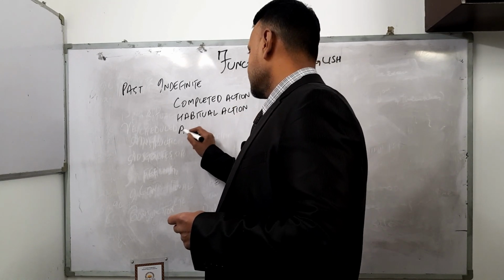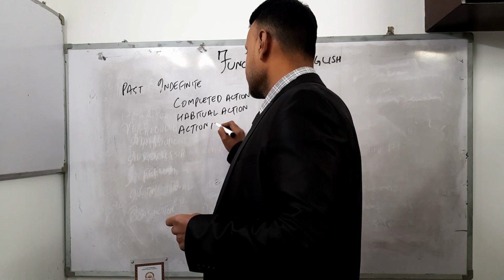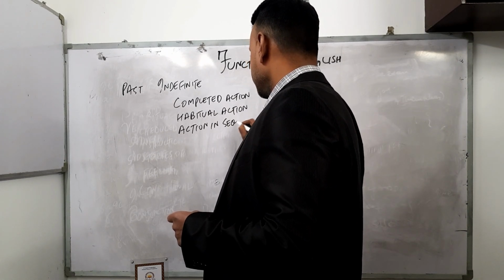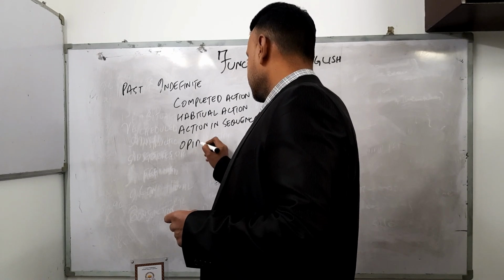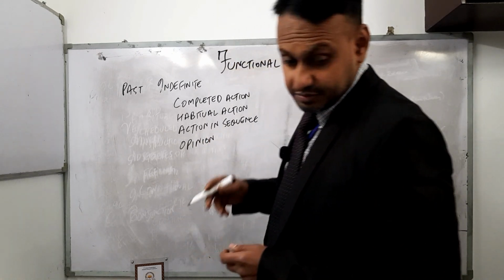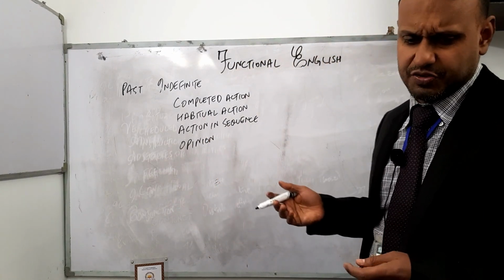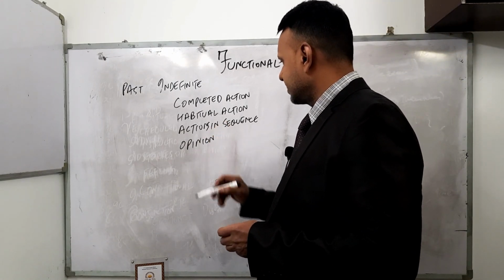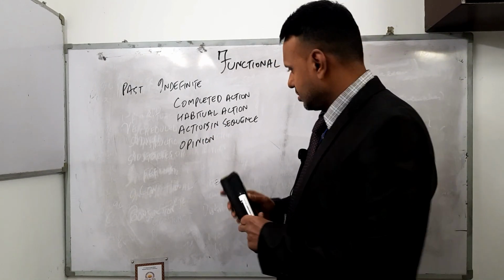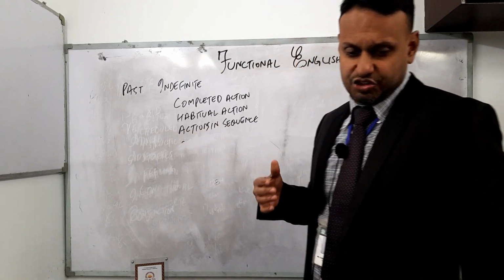Actions in sequence in the past. Actions in sequence is very important. Of course, opinion will come here, and some facts will come here. Reported speech, we call it. Say actions in sequence, and say reported speech and conditional sentences.